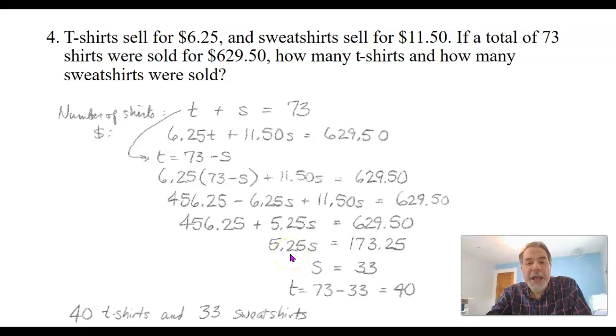Divide both sides by 5.25, and we get S equals 33. And then T is 73 minus S, so 73 minus 33 is 40. So we wanted to know how many T-shirts, that was what the T stood for, and how many sweatshirts, that's what the S stood for. So now we know it's 40 T-shirts and 33 sweatshirts.